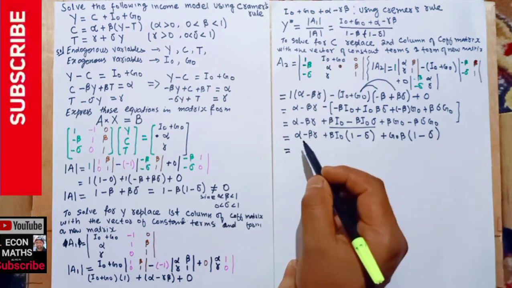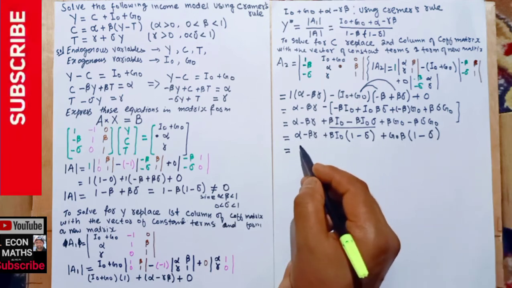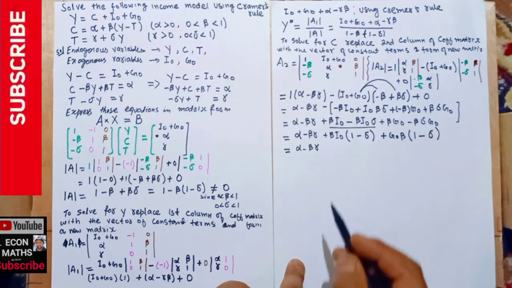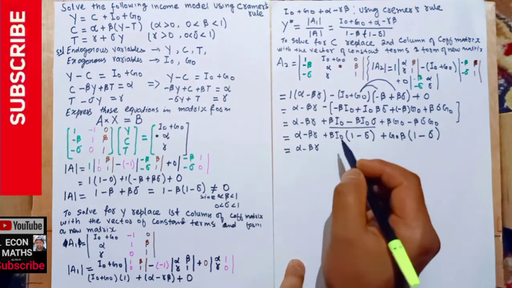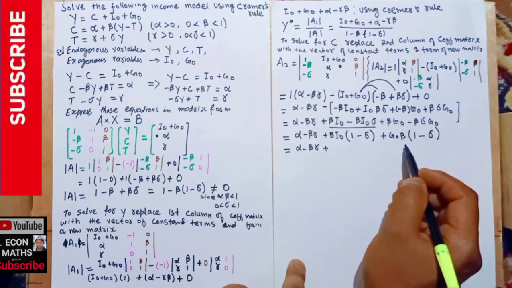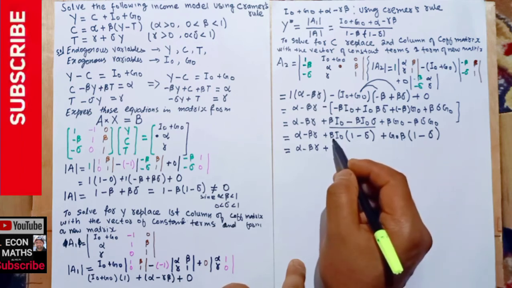Now this will become alpha minus beta gamma, plus here we have this beta, here we have also this beta, so I will factor this also, so I will write beta.